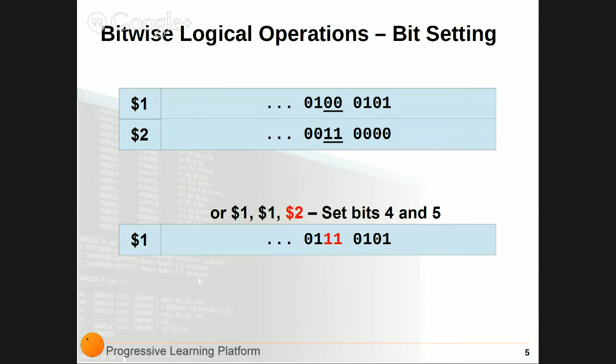Any question? There's no way with the ORI to set the upper 4 bits, right? No, only up to the 16th bit, because the immediate value is 16 bits. You have to use the OR to actually manipulate the top 16 bits. It's a very good question. Because you remember, all instructions are 32 bits, right?